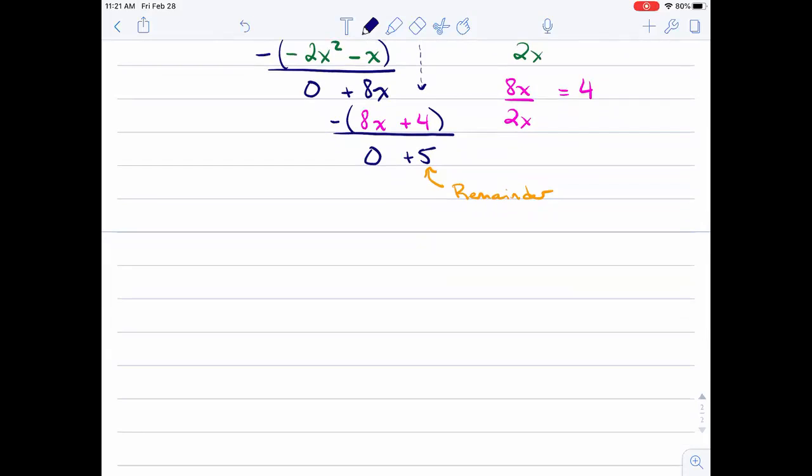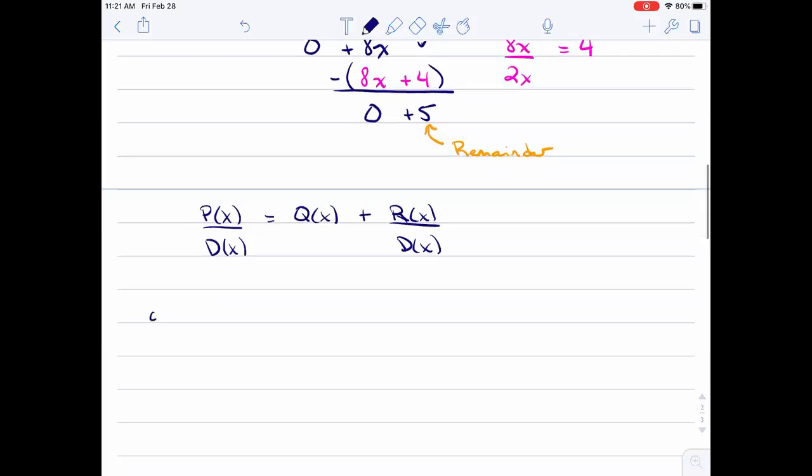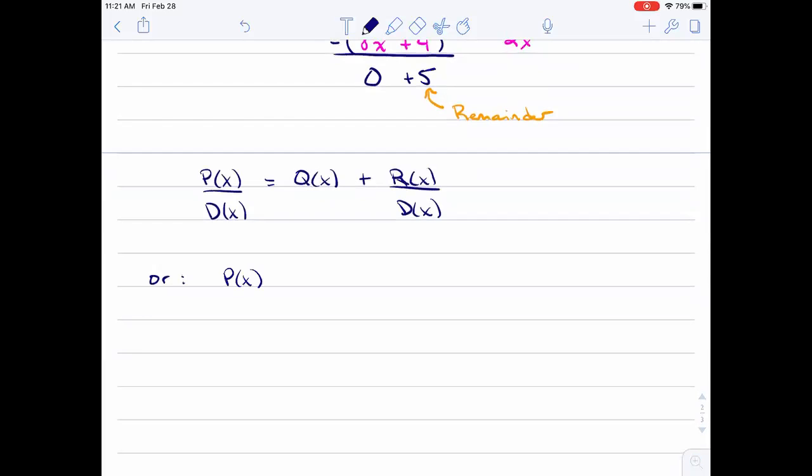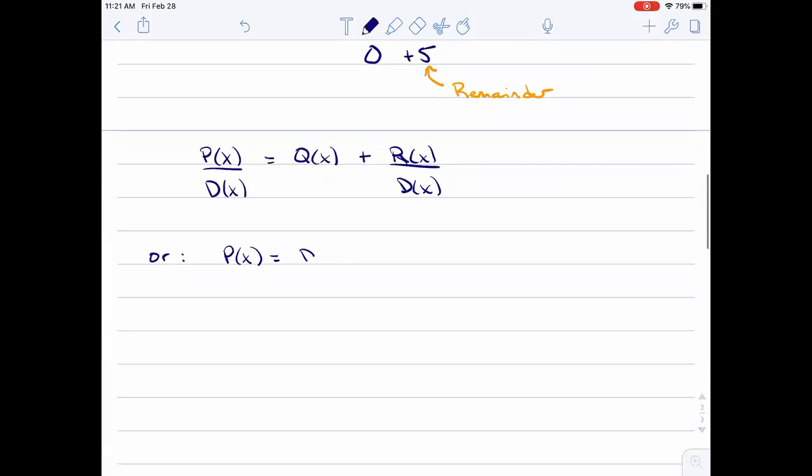Good. 3 to 8 want the answer written as p of x over d of x is q of x plus r of x over d of x, right? Same idea, right? P of x can be broken down as d of x, q of x, plus r of x.